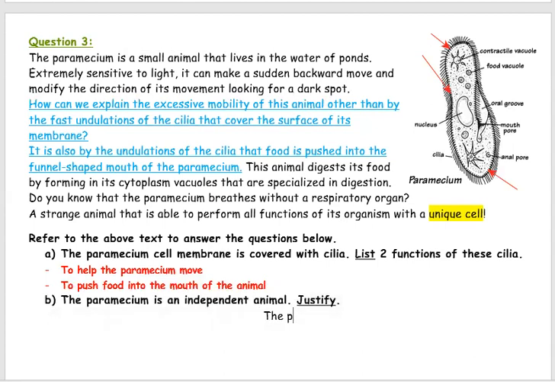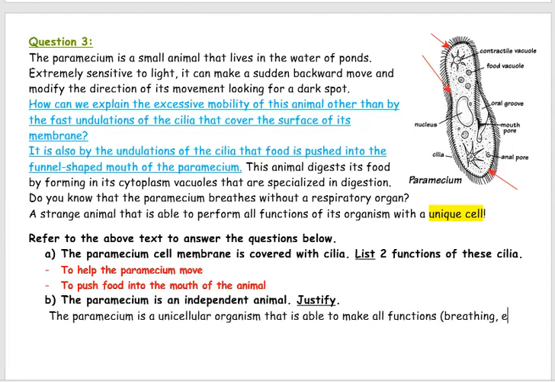So we will say the paramecium is a unicellular organism that is able to make all functions. Let's give some examples of functions.